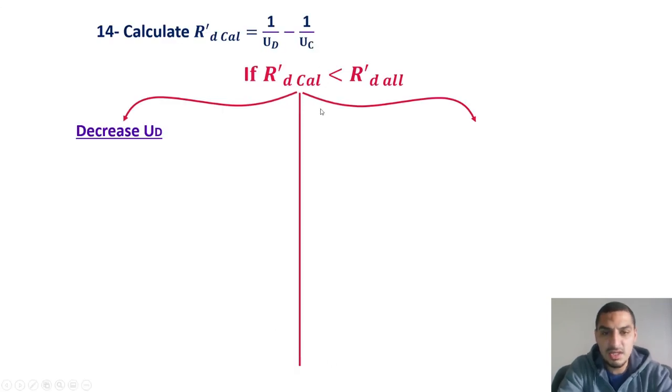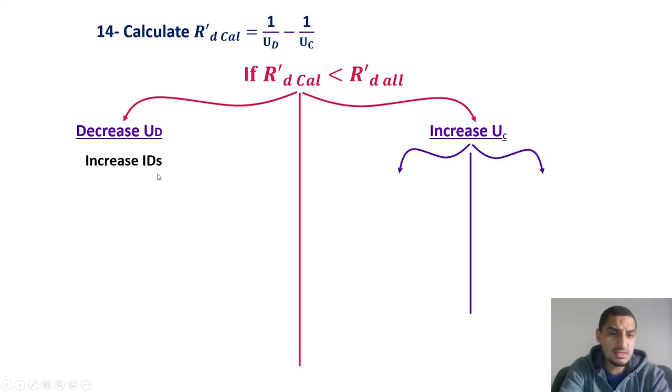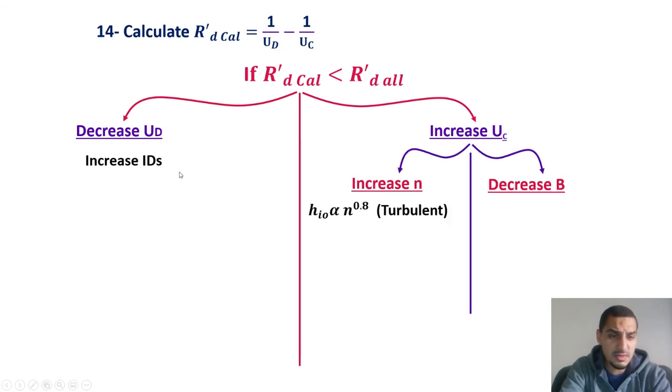If the RD calculated is smaller than the RD allowable, then you have to either decrease the U design by increasing the inside diameter of the shell, or increase the U clean by increasing the number of passes or decreasing the baffle spacing. And of course, you have to keep in mind that each parameter that's going to be changed will affect the whole design.